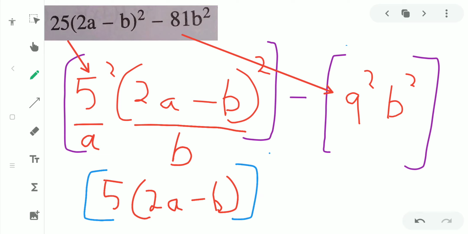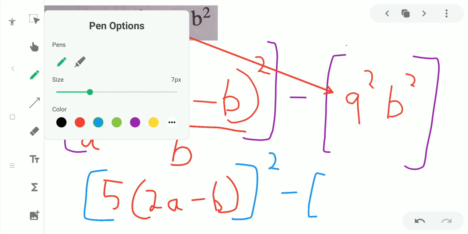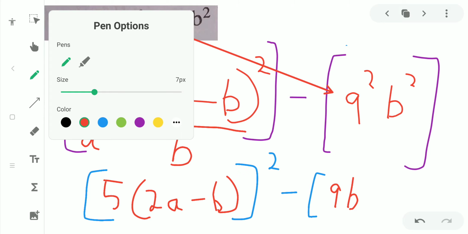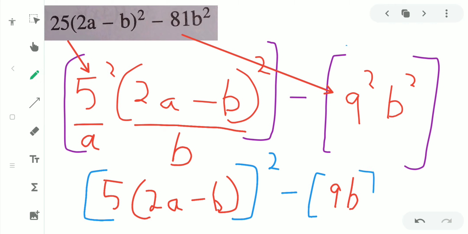You can see whole square. So we will be getting like this, minus, and 9 if we assume as a and b as b only, we will be getting 9b whole square.